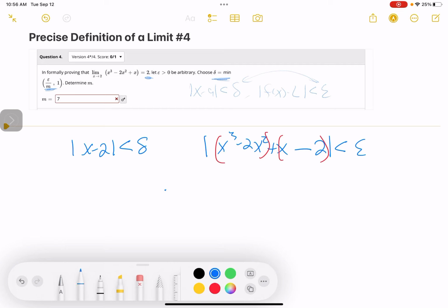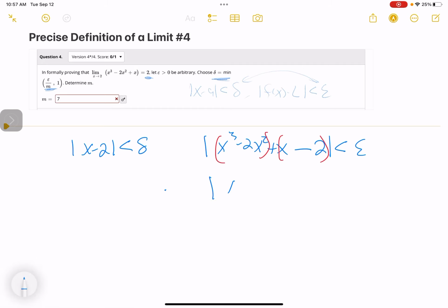And this will give us the absolute value of x squared times x minus 2 plus 1 times x minus 2 is less than epsilon. And that would give us the absolute value of x minus 2 times x squared plus 1 is less than epsilon.